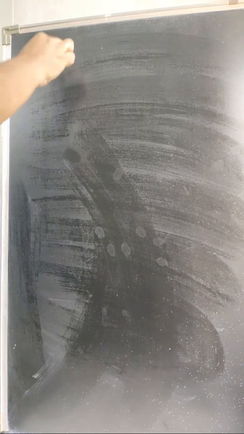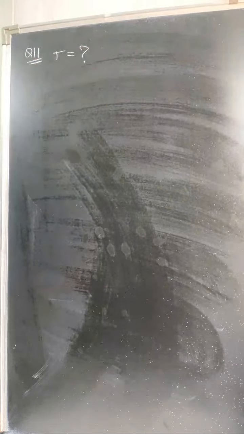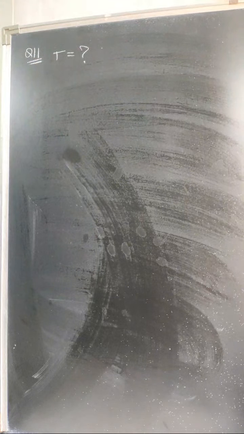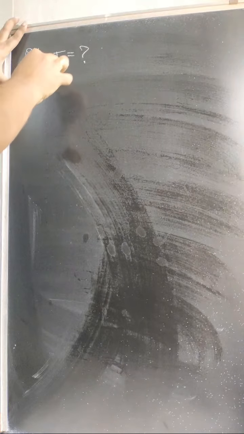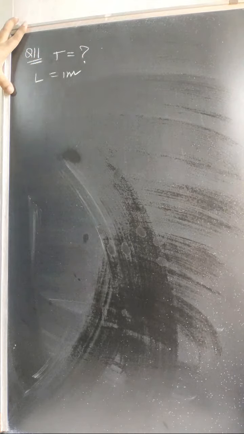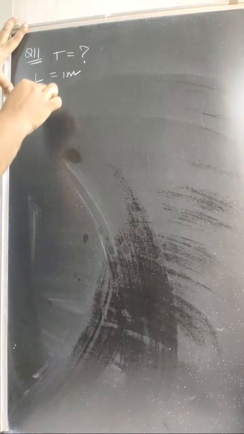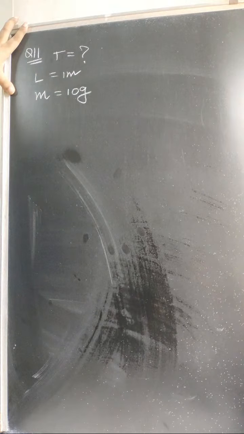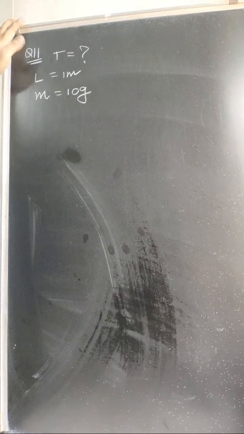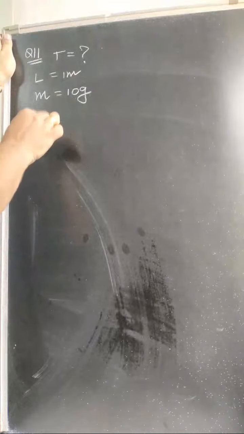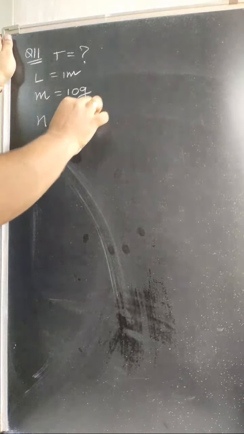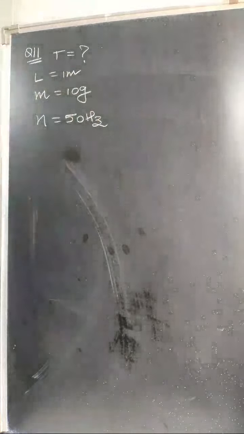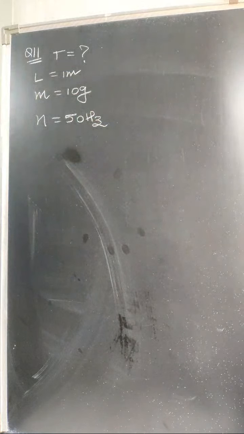Question 11 says, what should be the tension? So we have to find the value of T applied to a wire of length 1 meter. So length of the wire is 1 meter and mass is 10 grams, if it is to vibrate with a fundamental frequency of 50 Hertz.